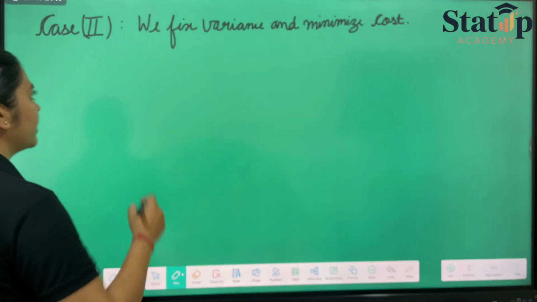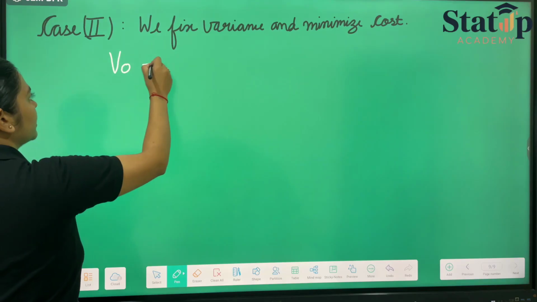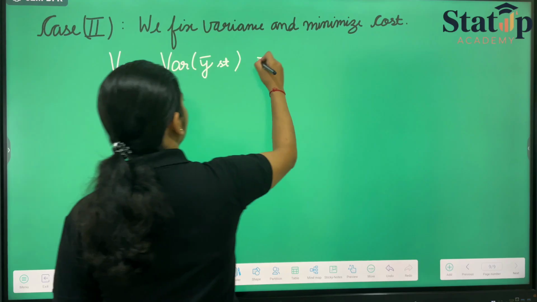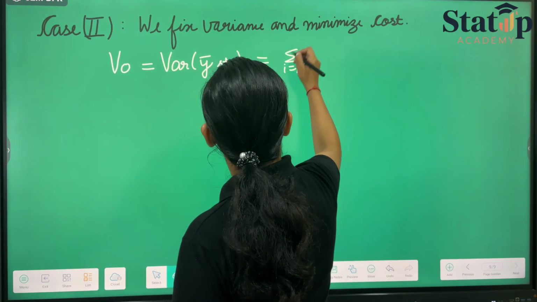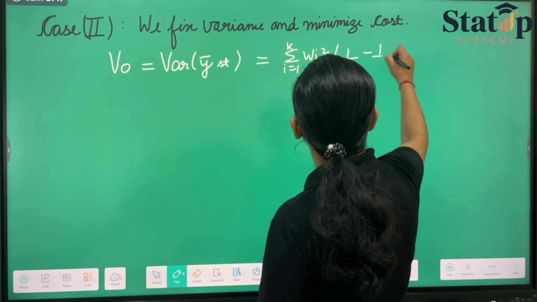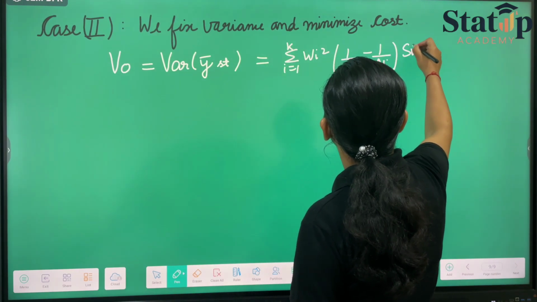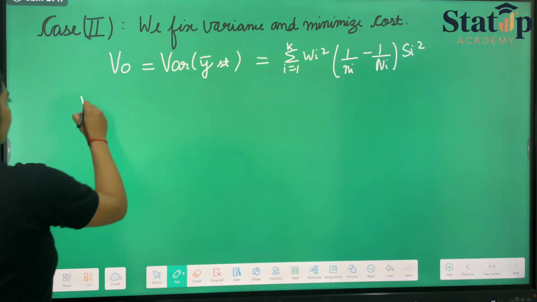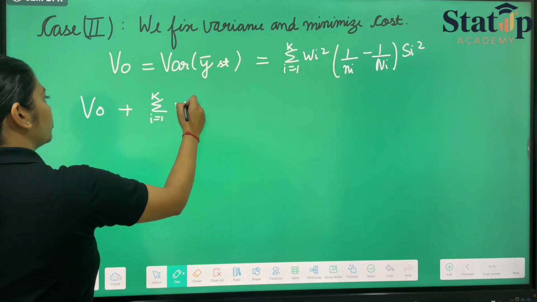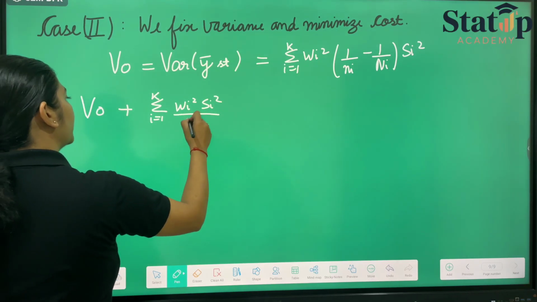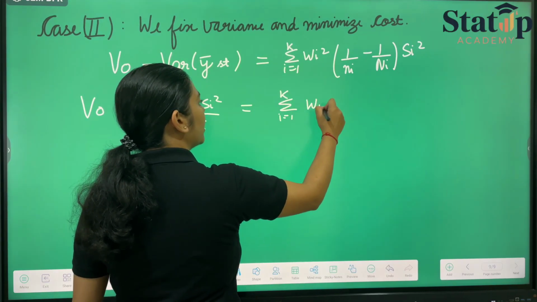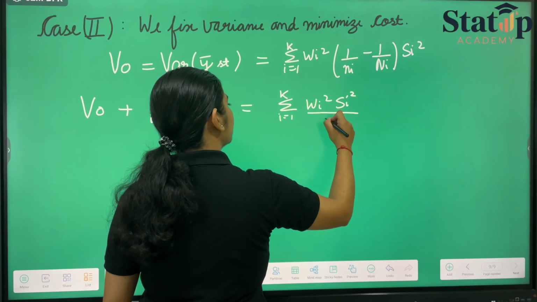Now for the variance to be fixed, let us take V naught, which is nothing but variance of y bar st, which is summation i goes from 1 to k Wi square into 1 upon small ni minus 1 upon capital Ni into Si square. So we can write it as V naught plus summation i goes from 1 to k Wi square Si square upon capital Ni, which is nothing but summation i goes from 1 to k Wi square Si square upon small ni.